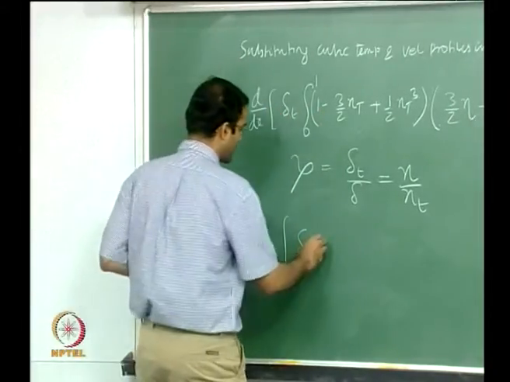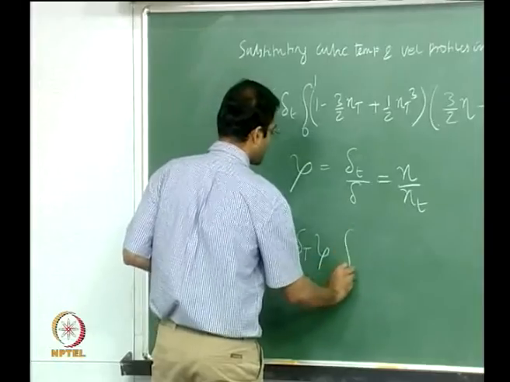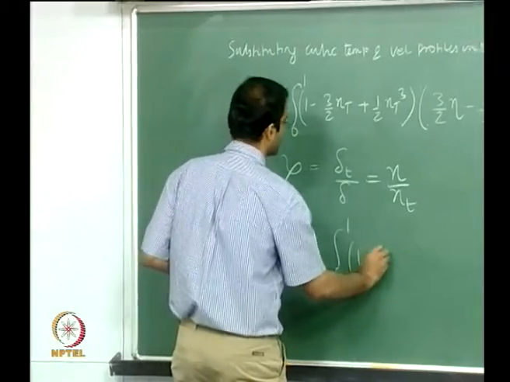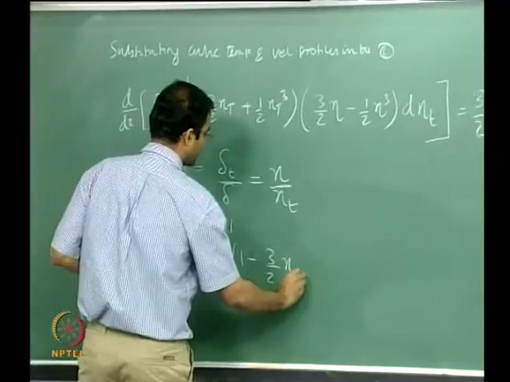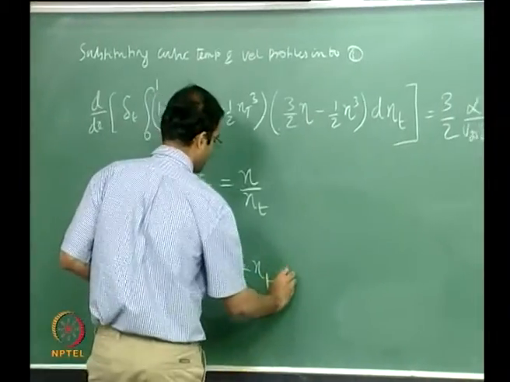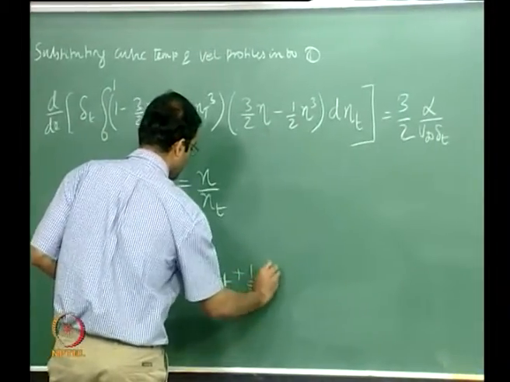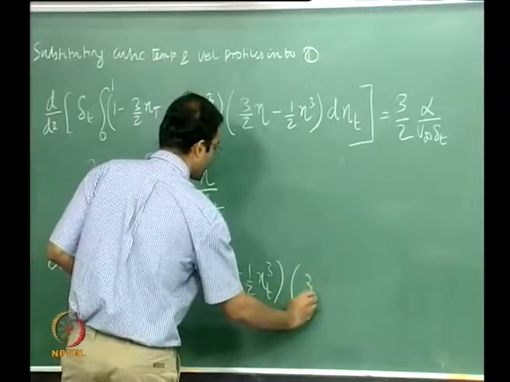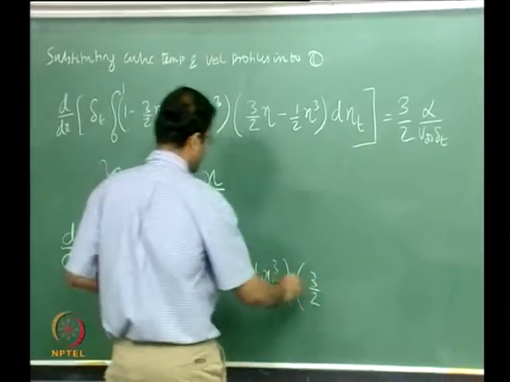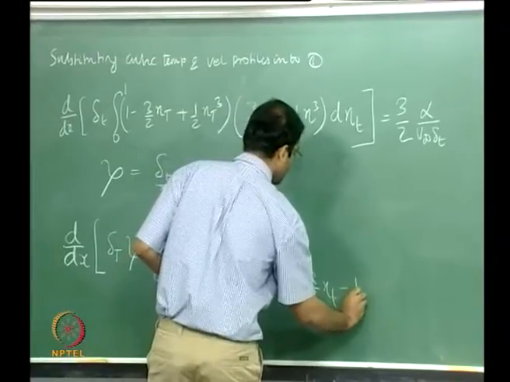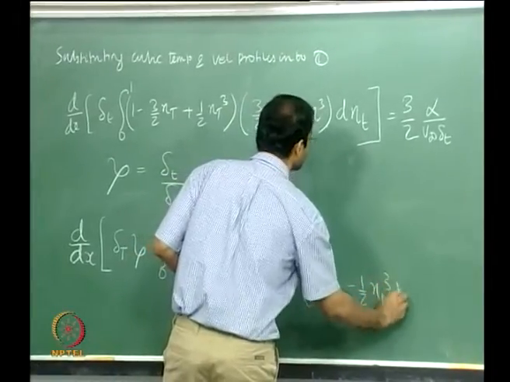So this will be delta t zeta, and inside the integral you have 0 to 1 minus 3 by 2 eta t plus 1 by 2 eta t cube, into 3 by 2 eta t minus 1 by 2 eta t cube, d eta t.